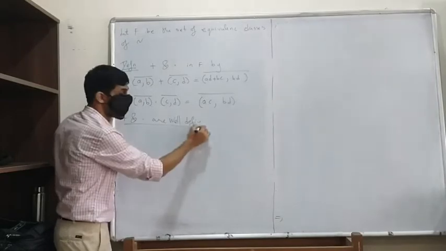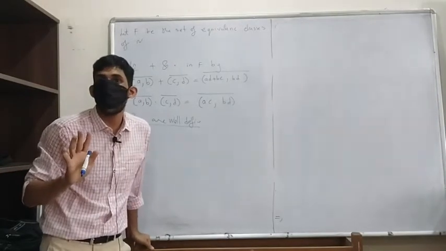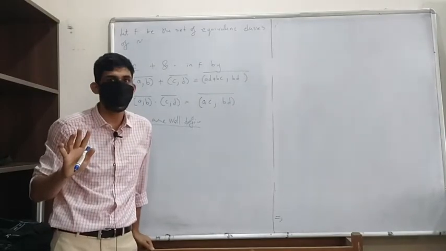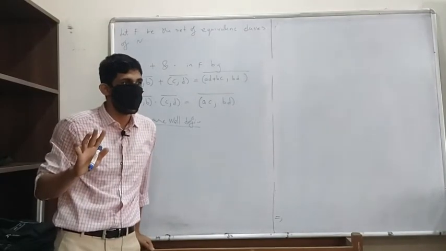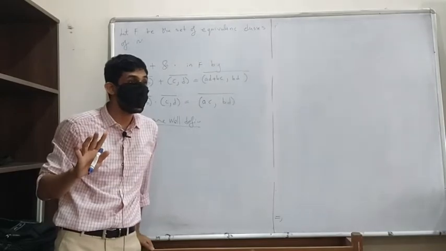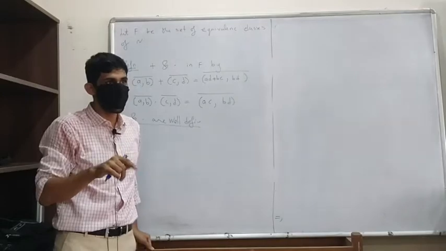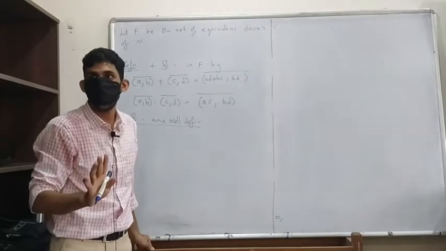I need to say what is an operation. What do you mean by an operation? What's a binary operation? It's a function from the Cartesian product to the set. That's what it is.